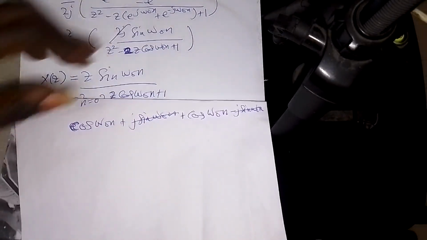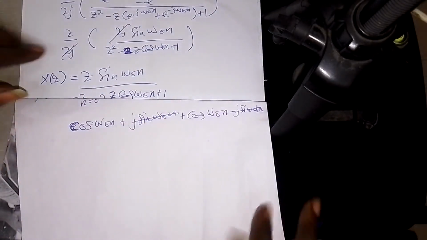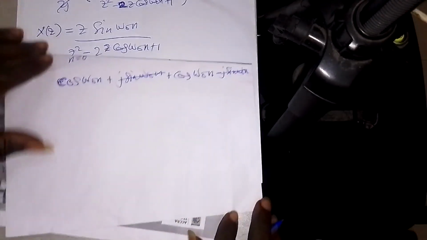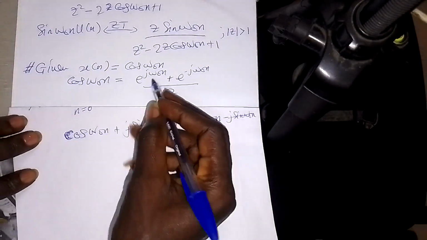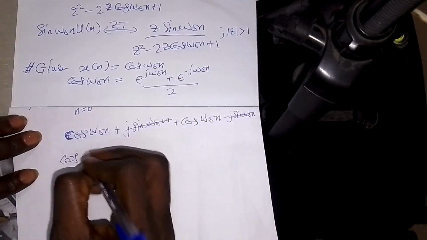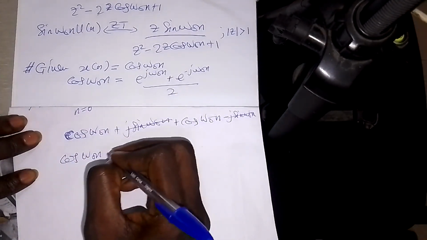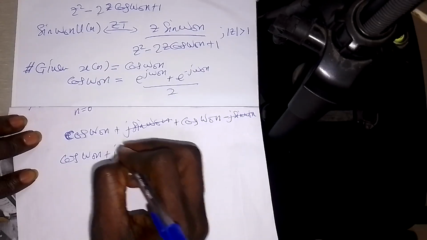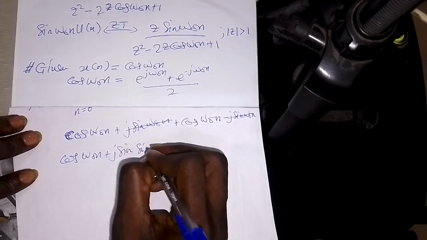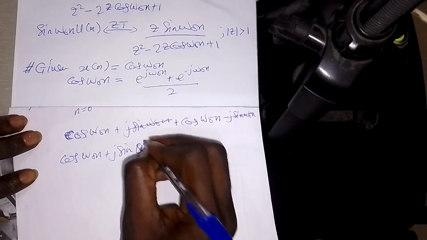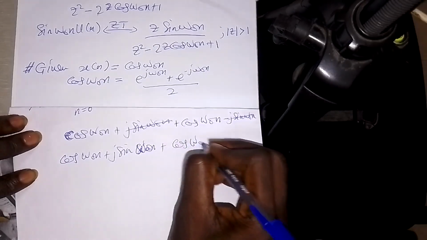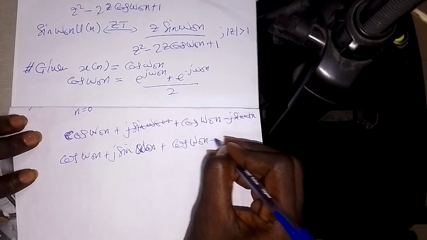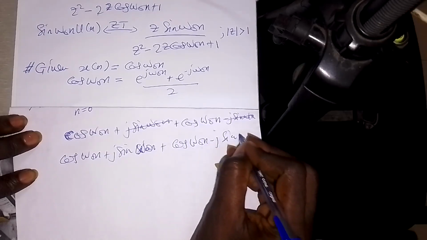To check this, here this one is equal to cos omega naught n plus j sine omega naught n, plus cos omega naught n minus j sine omega naught n.